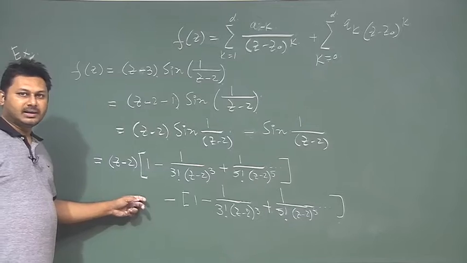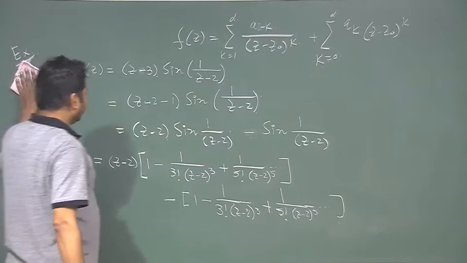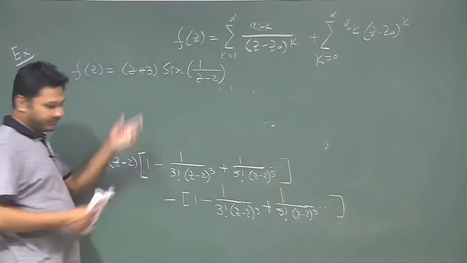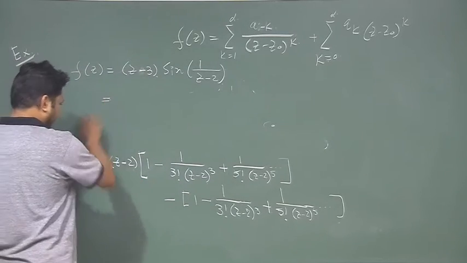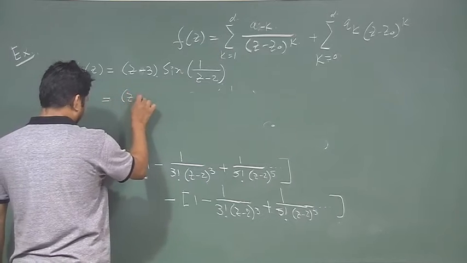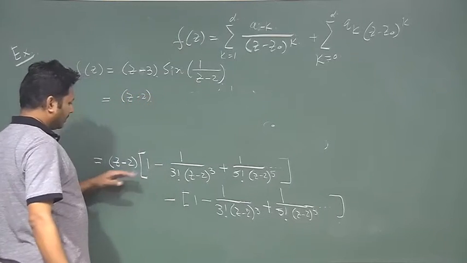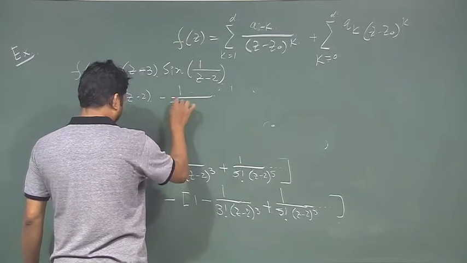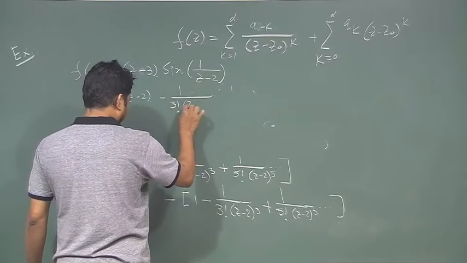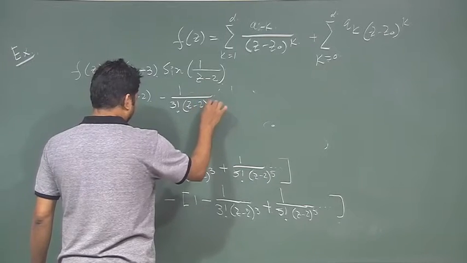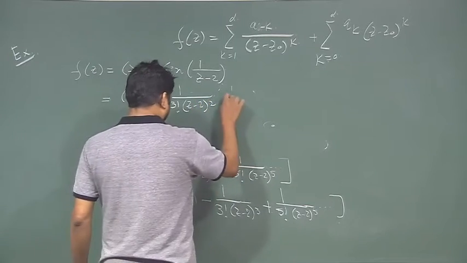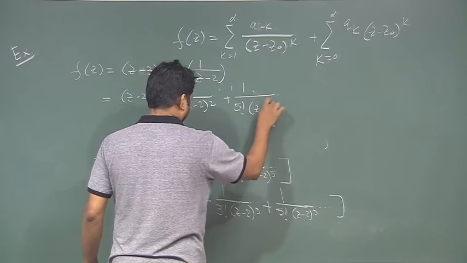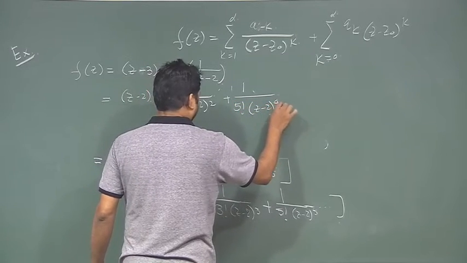So, the two parts I separate out, and if I write it here finally, then this function is represented like first part is z minus 2, then the next part is 1 divided by factorial 3 z minus 2 square, then plus 1 by factorial 5 z minus 2 to the power 4 and so on.